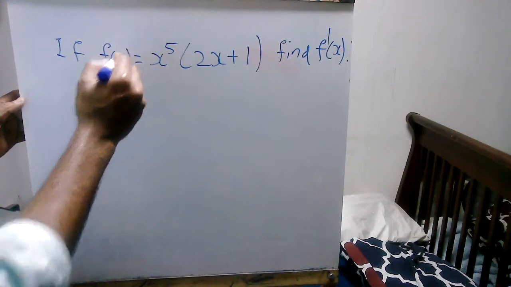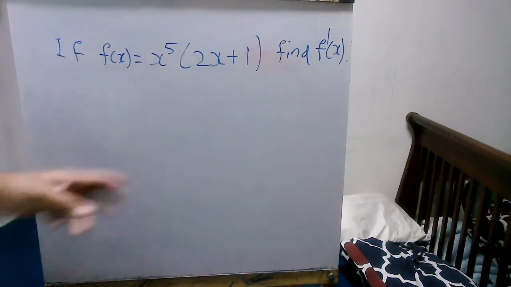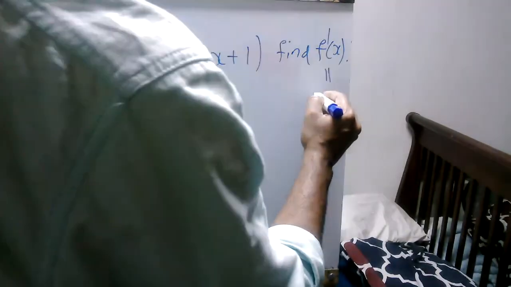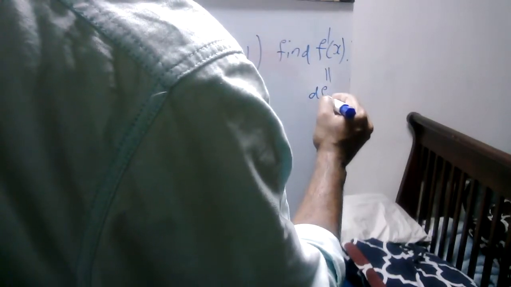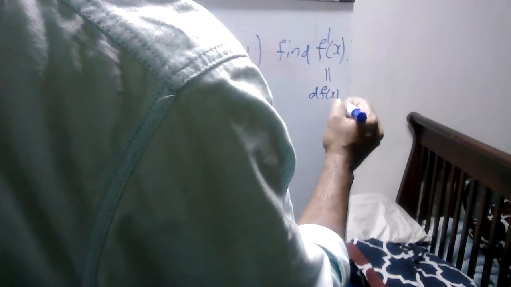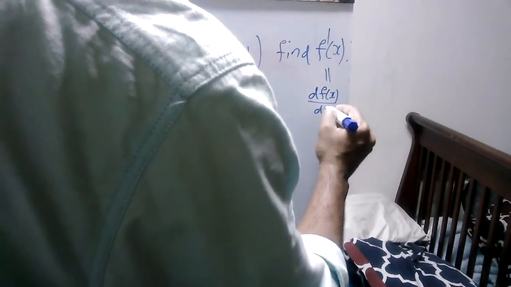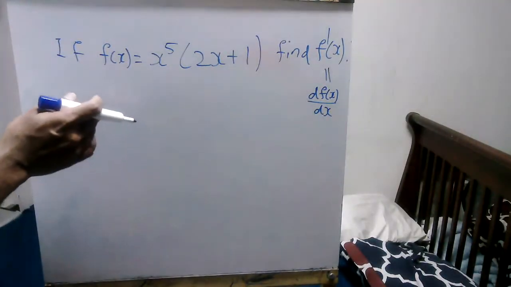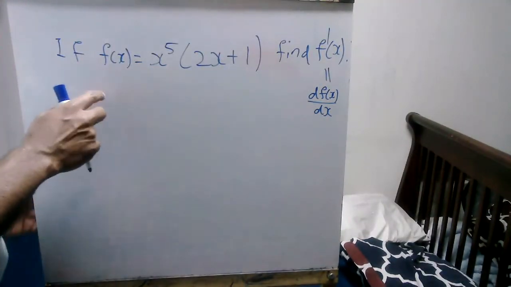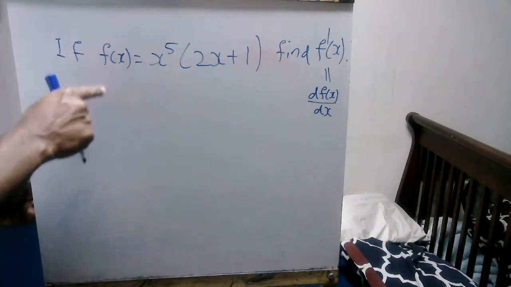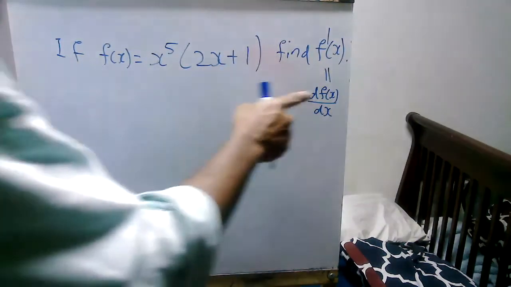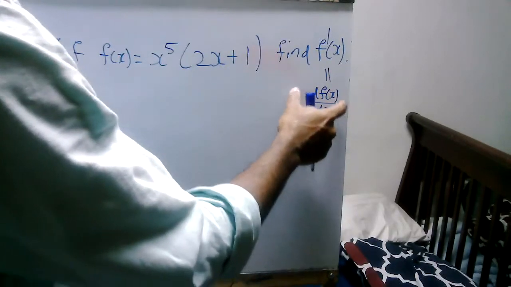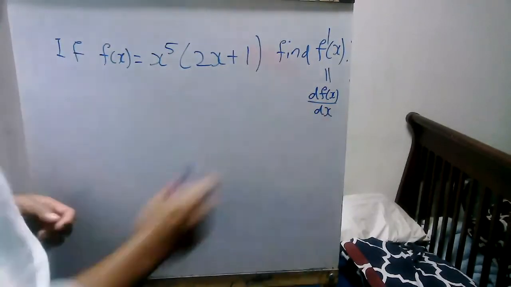Sometimes it is good to write this as df over dx. But for convenience, when it is not necessary, I write f dash x. Whenever it is necessary to explain, I use this notation.